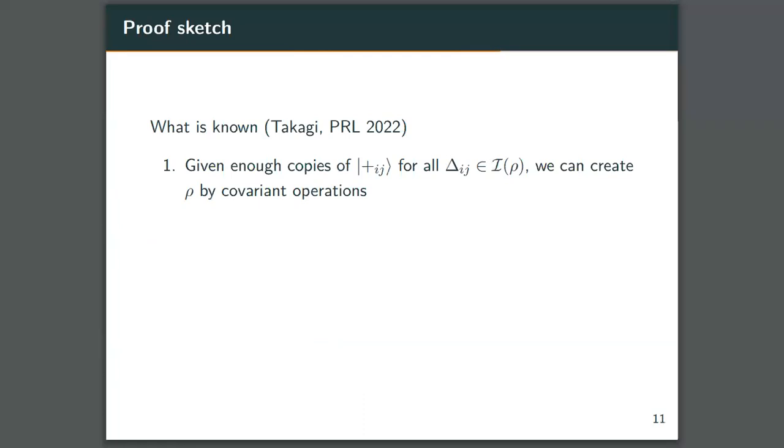What is known in the resource theory of asymmetry is that there's a distillation-dilution type of result for level pairs. If you have enough copies of these unit level coherences for all the level pairs in the available coherence, then you can create rho by covariant operations.